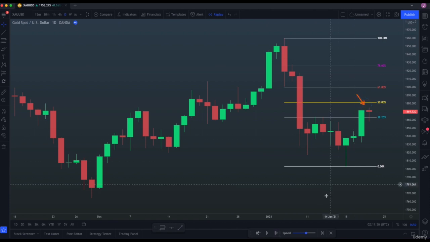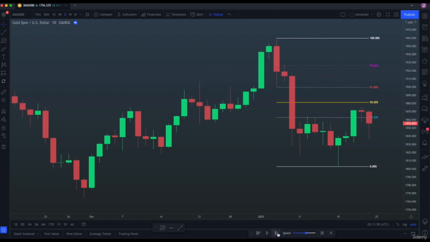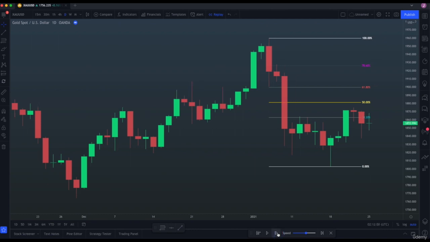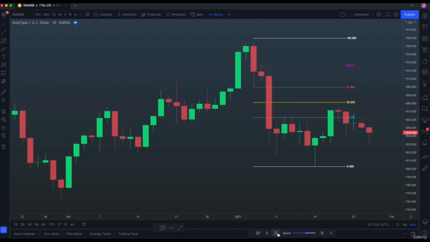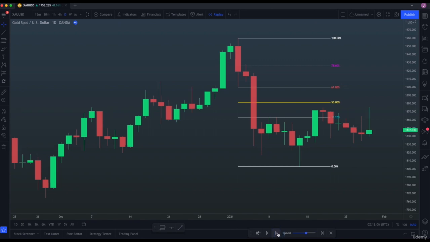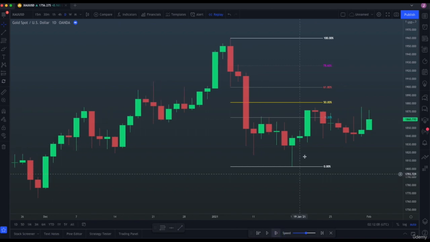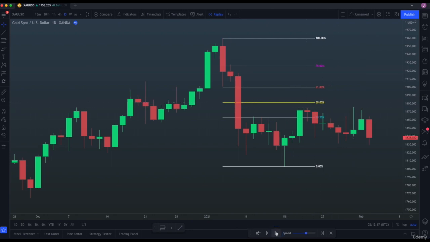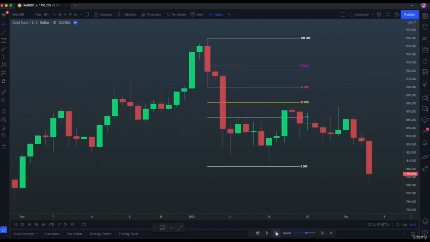Okay, it printed an indecisive candlestick, and then a bearish one, and then price started to move down. Right? Did we test 50%? So we barely tested this 50% retracement and then eventually moved down.